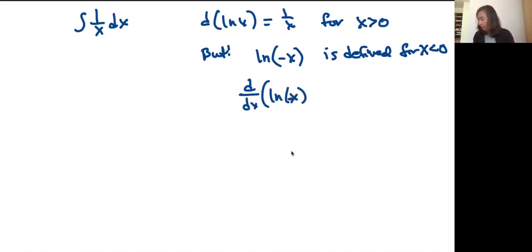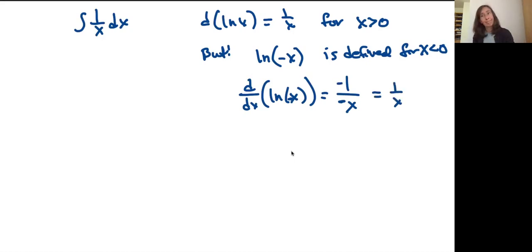Well, it is 1 over the thing I'm taking a log of, that's negative x, but I have to do the derivative of the inside as well. The derivative of the thing I'm taking a log of is negative 1.